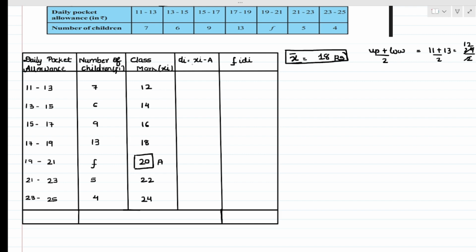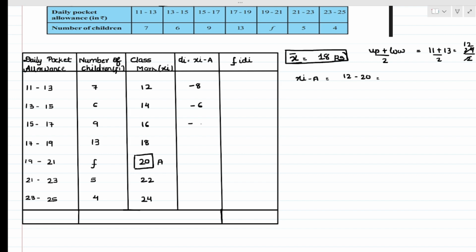According to the formula, Di is Xi minus A. That means 12 minus 20 gives us minus 8, so write down minus 8. Then 14 minus 20 gives you minus 6.